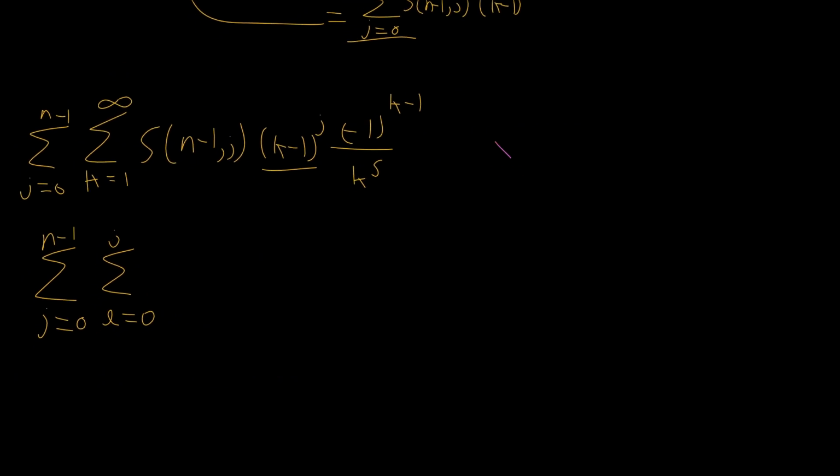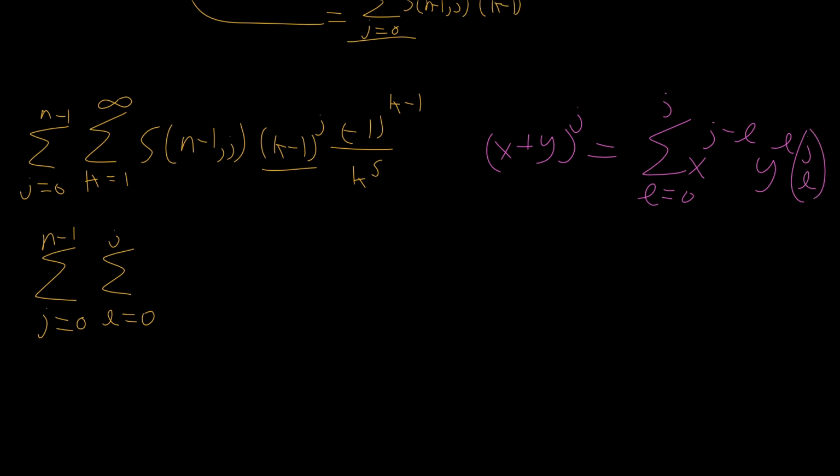So in general, if we have (x plus y) to the j, this is equal to the sum from, say, L equals 0 to j of x to the j minus L, y to the L, and then j choose L. And actually, one thing that can be noted is that you can swap x and y and just swap those things in the exponent, and it does remain the same.